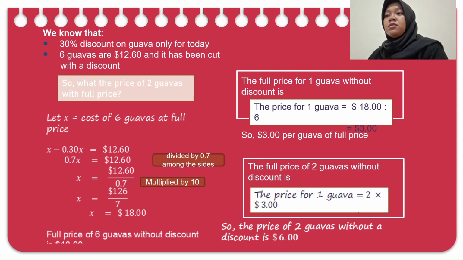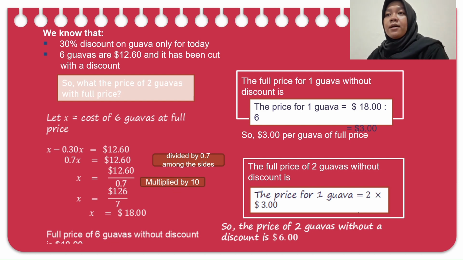So the full price of 6 guavas without discount is $18. Next, the full price for 1 guava without discount. This is $18 divided by 6, and we have $3 per guava at full price.